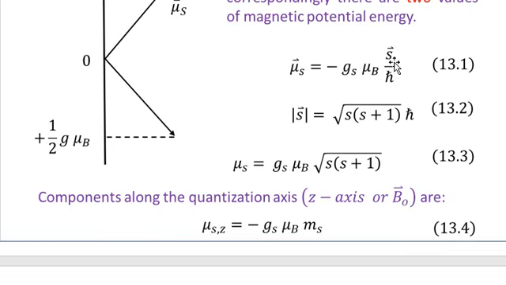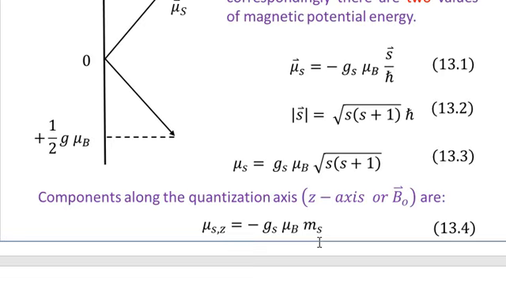So if you replace sz by its value, ms times h bar will be cancelled out with the h bar in the denominator, and we will have ms only in the numerator, which I have shown in equation number 4. So mu sz is equal to minus gs times mu B times ms. And you know that ms is the spin magnetic quantum number.